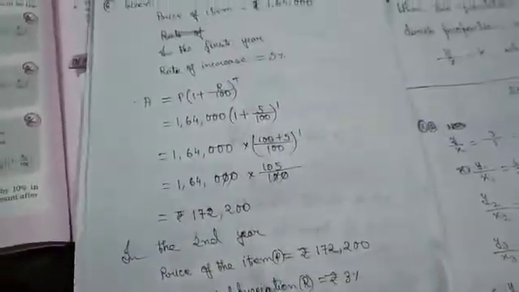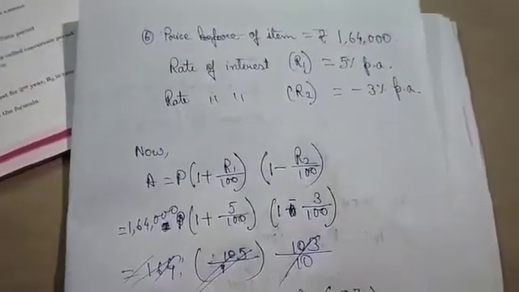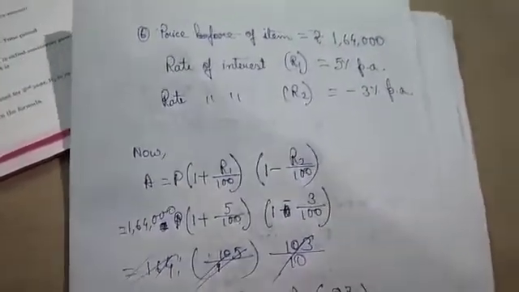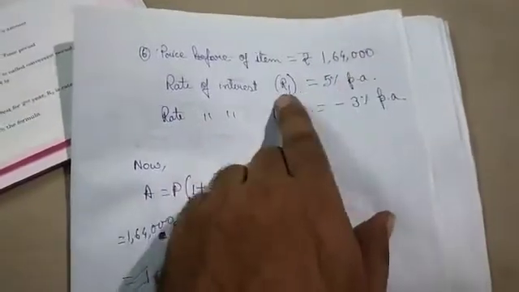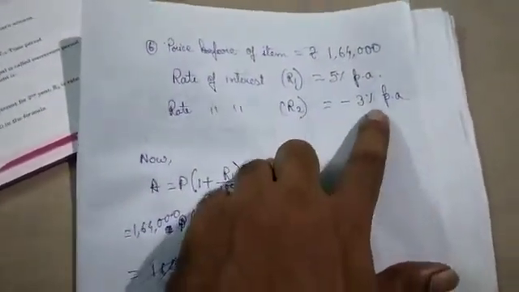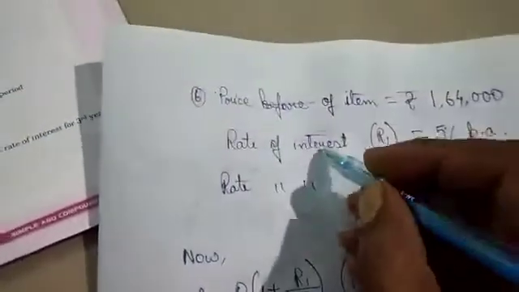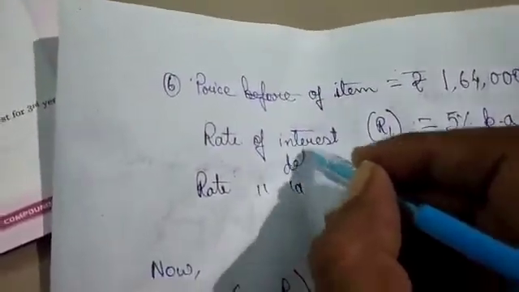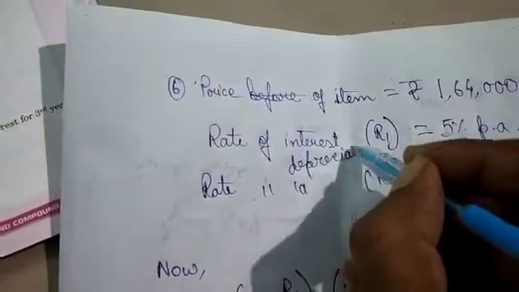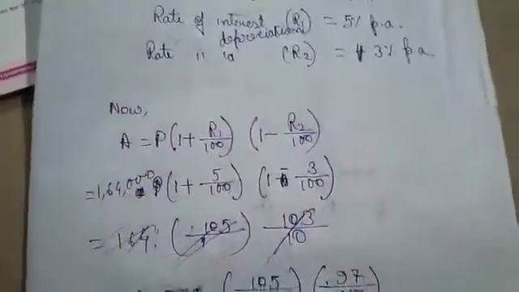Here they are asking two different rates for two different years. Our price of the item is 1,64,000, the rate of increase is 5%, and the rate of depreciation R2 is 3%. If you write the rate of depreciation here, then it will be positive.